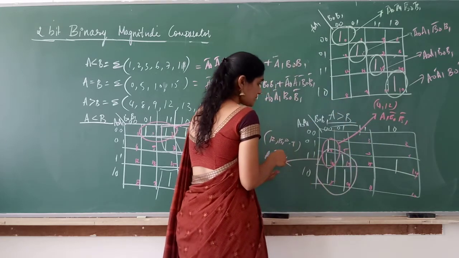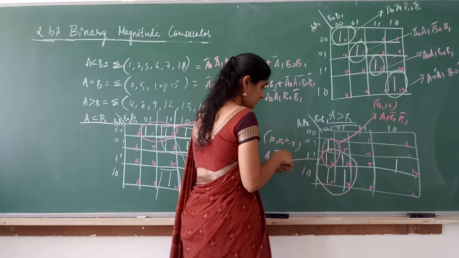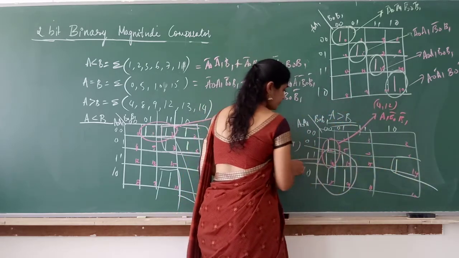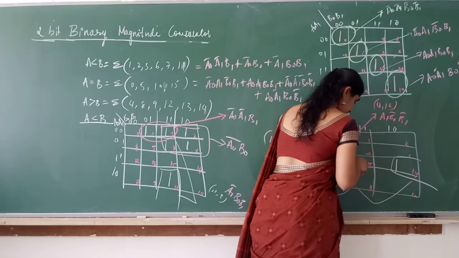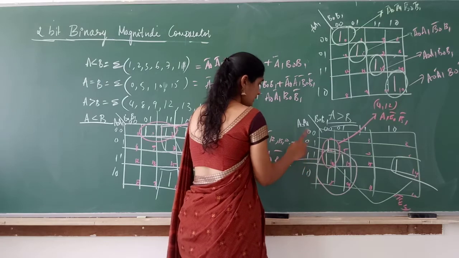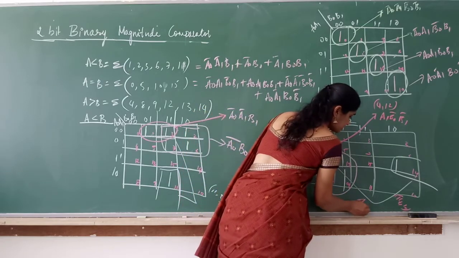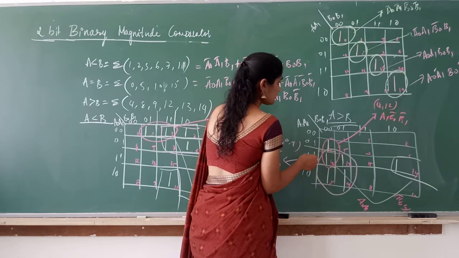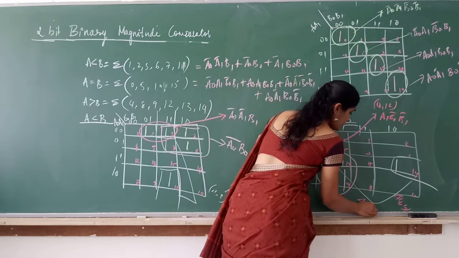Same way, how do you group minterm 14? 14 can be grouped with 12. If you group 14 and 12, what is the equation we get? A0 A1 B1 bar.